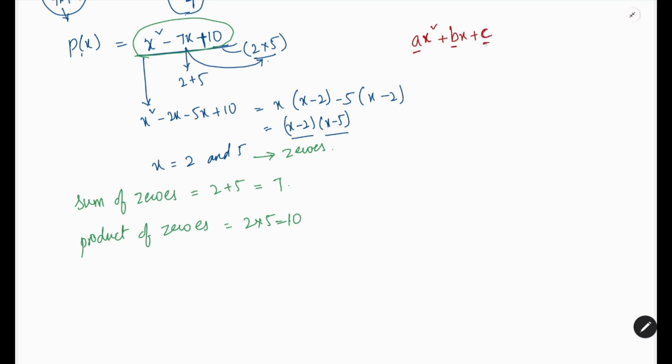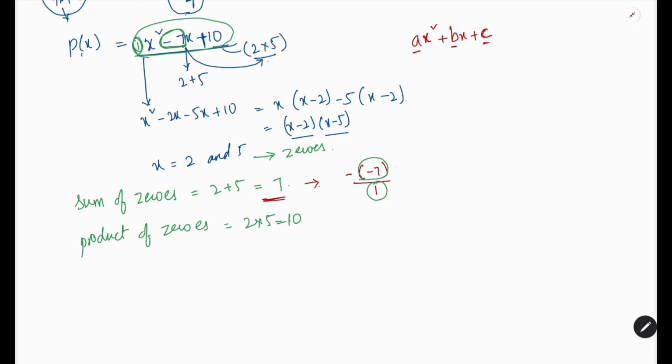If you see the sum of zeros clearly, it can be expressed as minus of minus 7 by 1. Here minus 7 is this b value, and 1 is a.